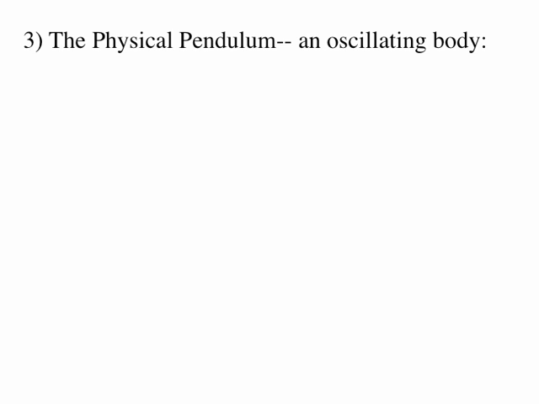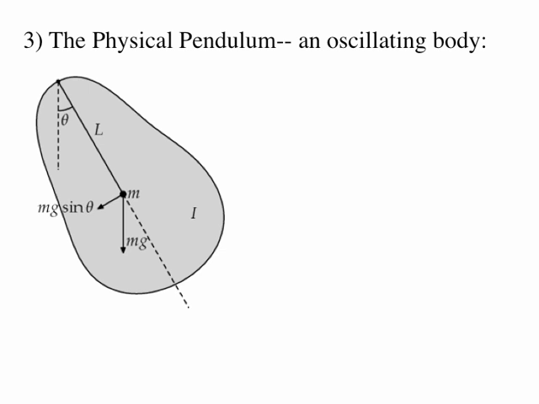This would be like, for example, not a simple pendulum. For example, if you were to oscillate a baseball bat or some such figure as this thing that looks like a potato or some darn thing.